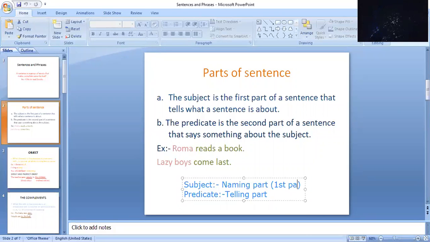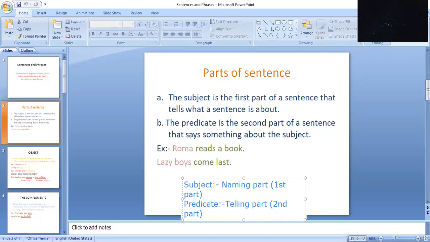This is the first part of the sentence, and this is the second part of the sentence. What does the subject indicate?